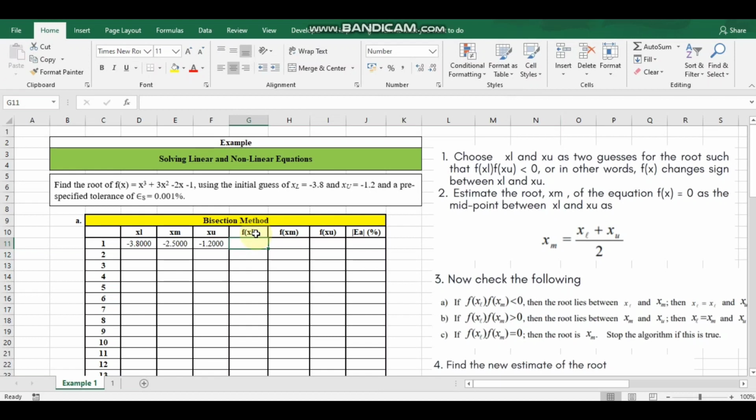Next, the f of XL can be solved by substituting the value of XL in the given equation.